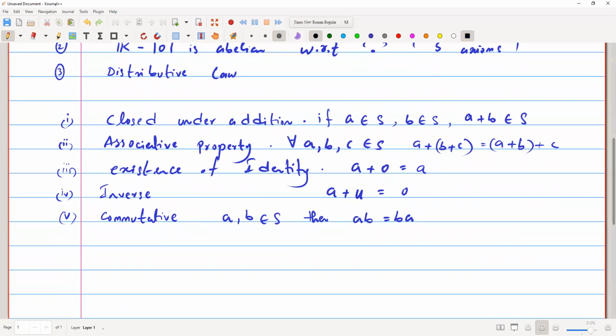These properties are with respect to addition, and then we have similar 5 axioms with respect to multiplication.